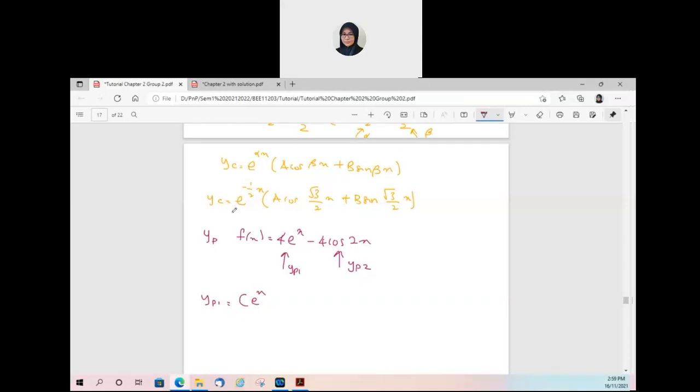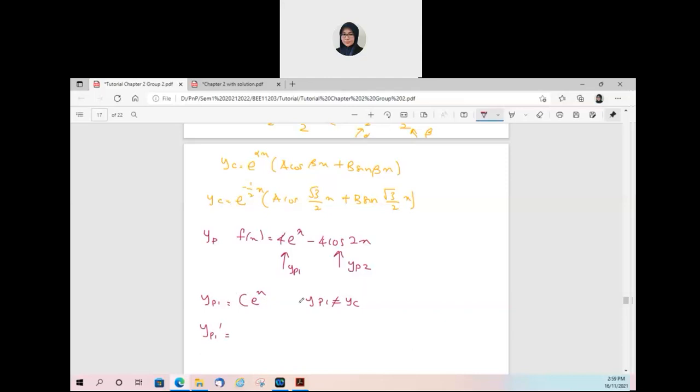Do they have a same pattern or not? Sama tak pattern dia? Tak. Tak sama kan? So YP1 is not equals to YC. Then we can use this YP1. Okay, YP1 prime.